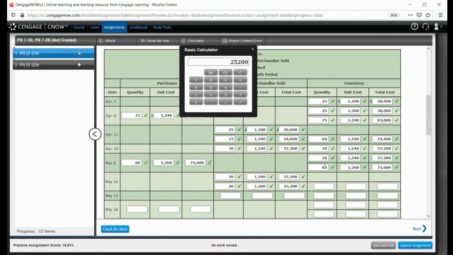Now what this means is this entire layer has been sold, so it's no longer there. We've sold 20 of the 60, so we have 40 left in ending inventory that would have cost us $1,260.